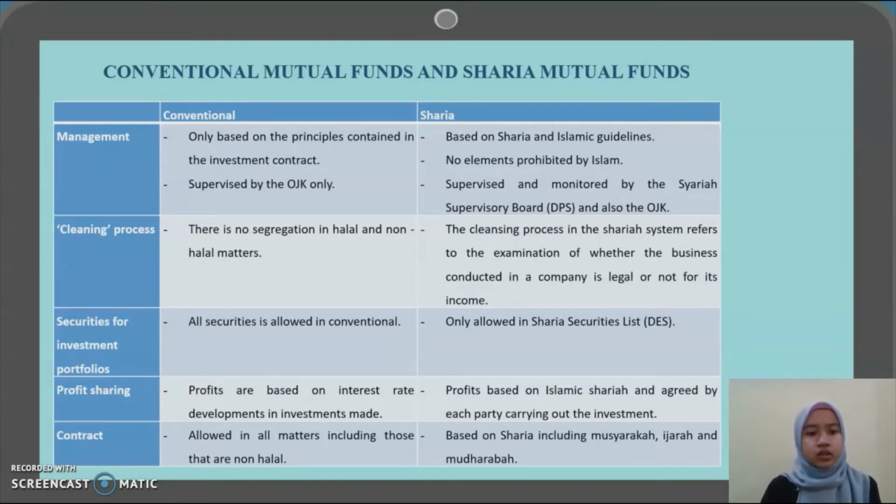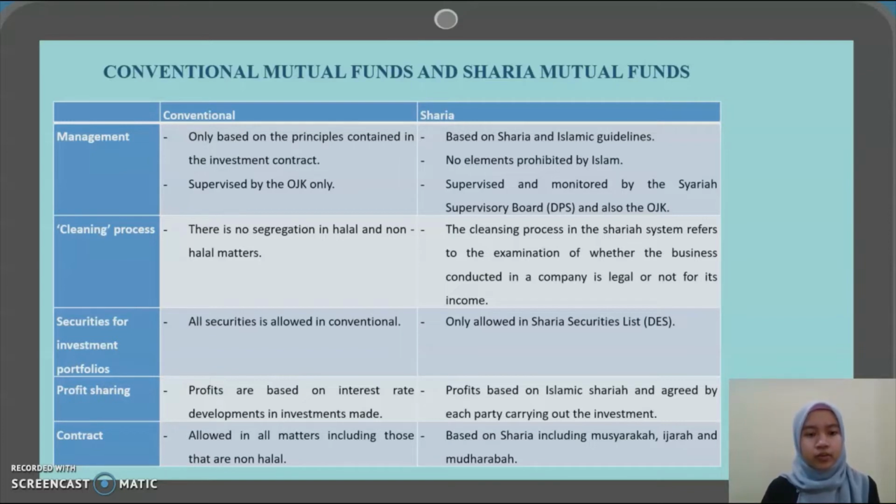Third, securities for investment portfolios. All securities are allowed in conventional, meanwhile Sharia only allows securities in the Sharia securities list, which is DES.